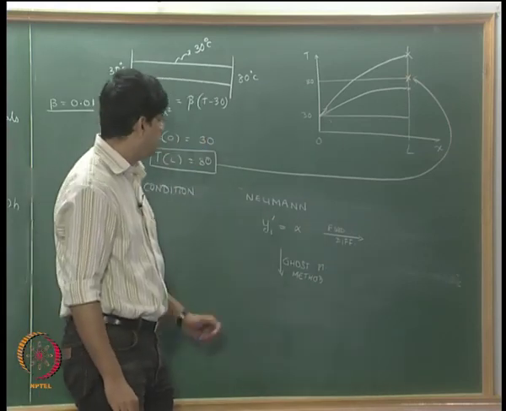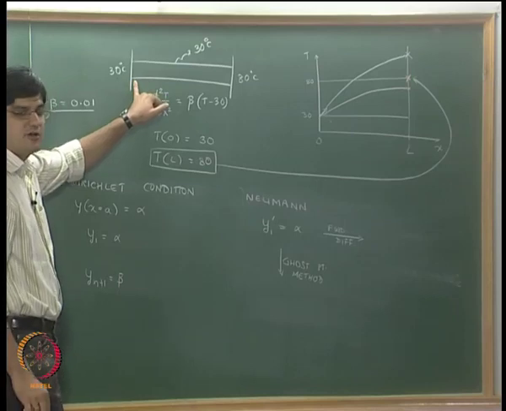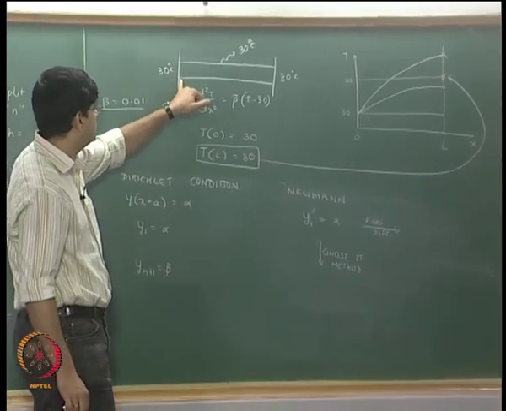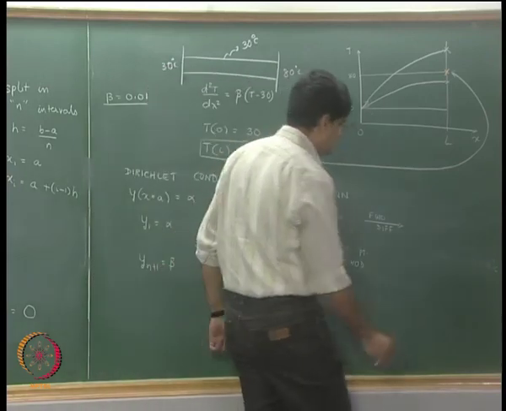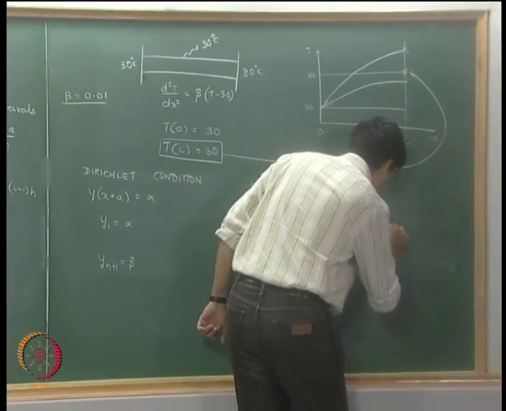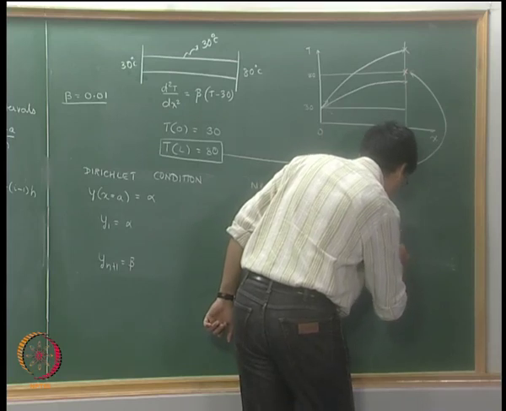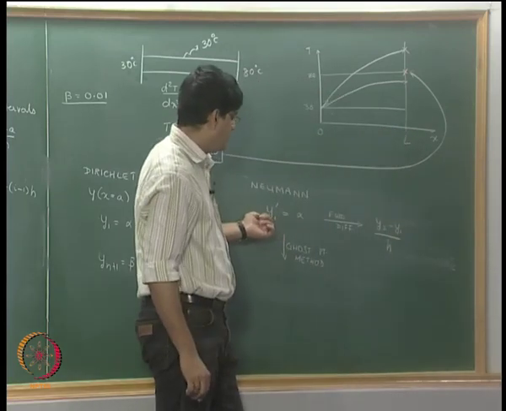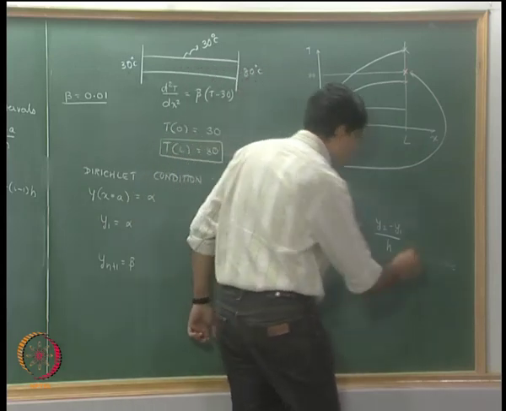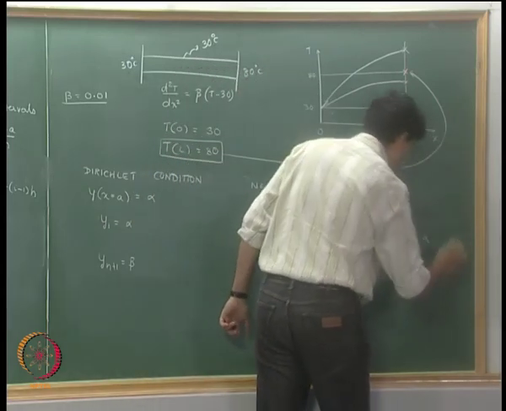In the forward difference formula, we use a forward difference at this particular location to express y1 dash, and y1 dash is nothing but y2 minus y1 divided by h. So, that is the y1 dash using the forward difference formula, that is going to be equal to alpha.